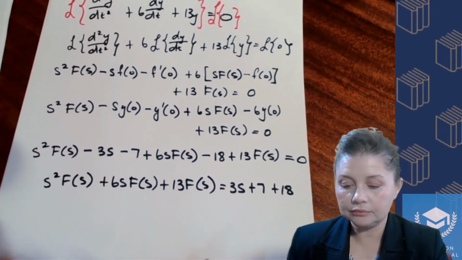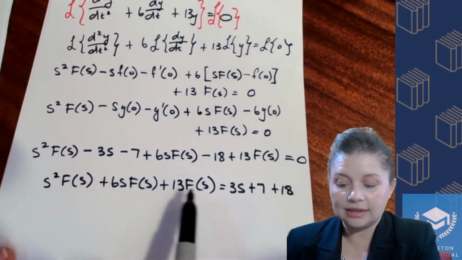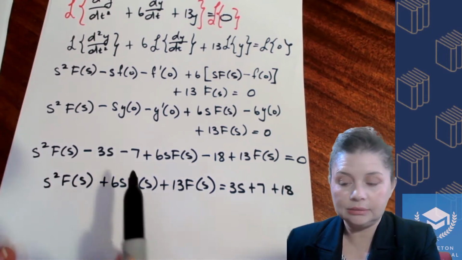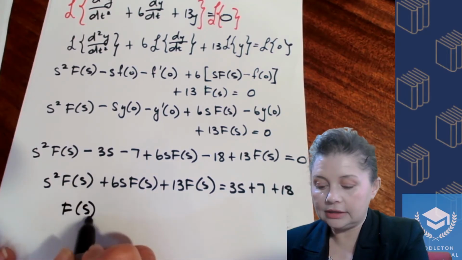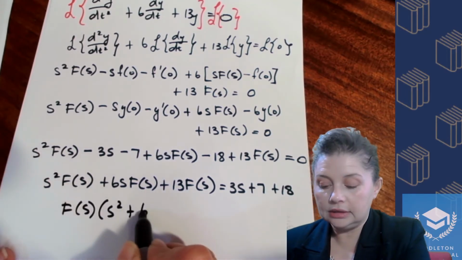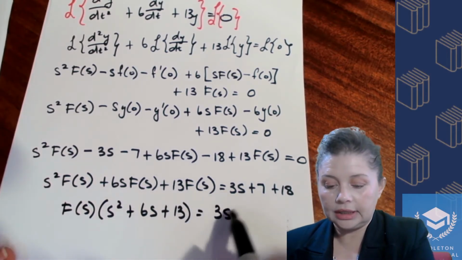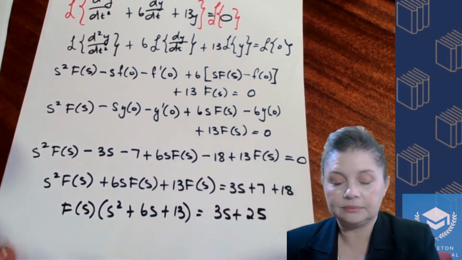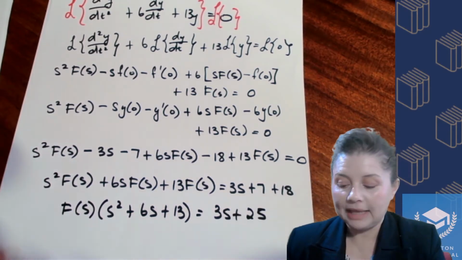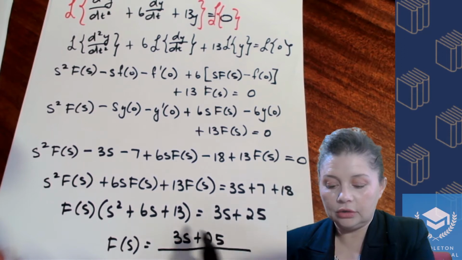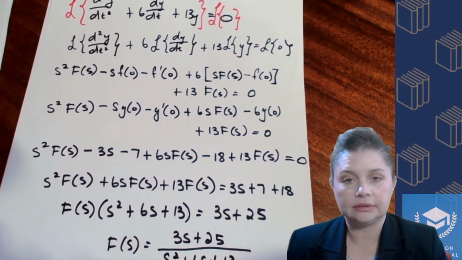Okay. And then F of s is the like term in these expressions. So I'll have F of s times s squared plus 6s plus 13, and this is going to be 3s plus 25. Okay, that means that F of s is going to be 3s plus 25 over s squared plus 6s plus 13.